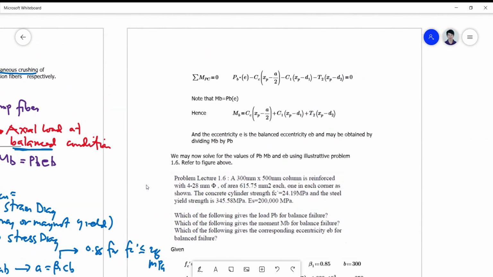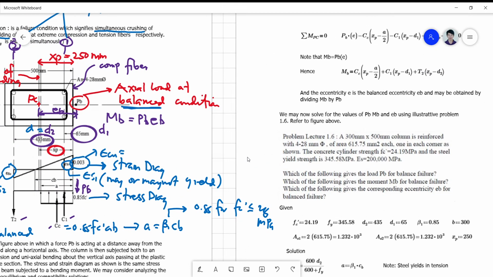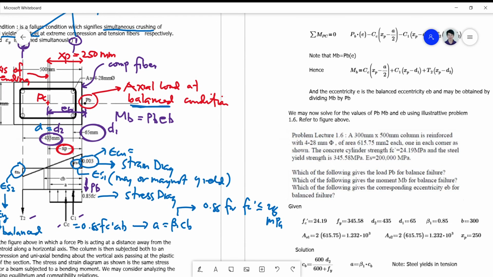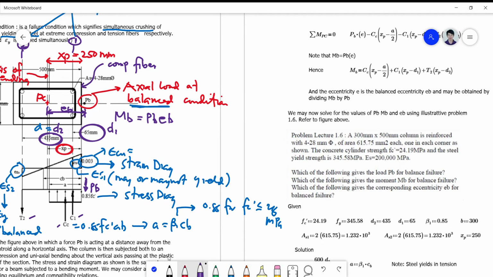If we take note of the summation of moment about PC equals 0, assuming a clockwise direction as positive, so we have here now your point PC. So this PB becomes a positive clockwise.